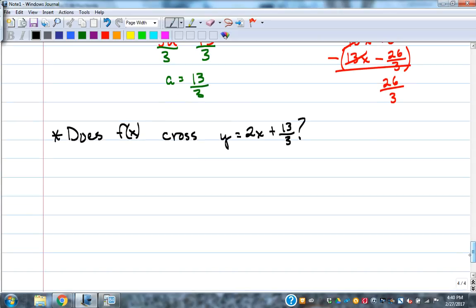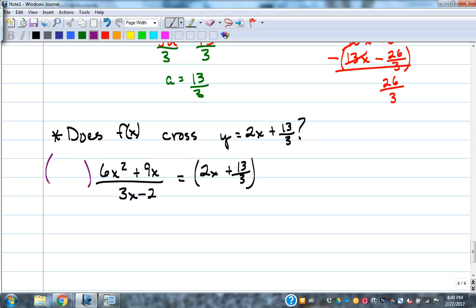Well, the only way to decide that is to set it equal to it. So 6x squared plus 9x over 3x minus 2 equals 2x plus 13 over 3. And you're going to need to multiply both sides by 3x minus 2. This side, it cancels out.